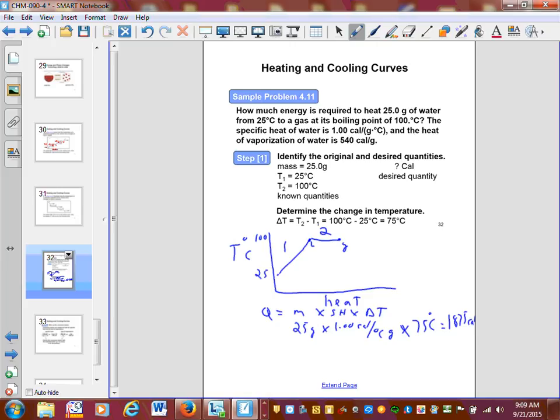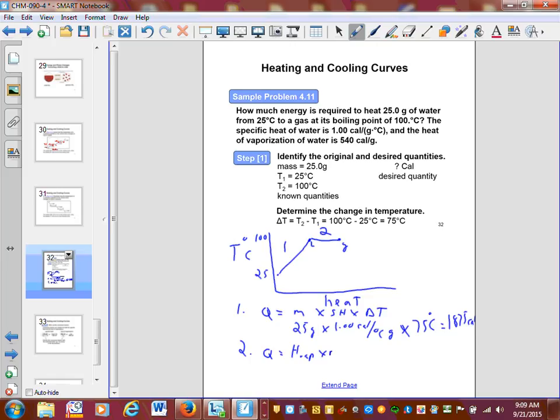Step 2, what am I doing? I'm taking the water and vaporizing it. So I need the heat. This was step 1. Step 2, the energy for that is the heat of vaporization, how much energy it takes to vaporize, times the mass.